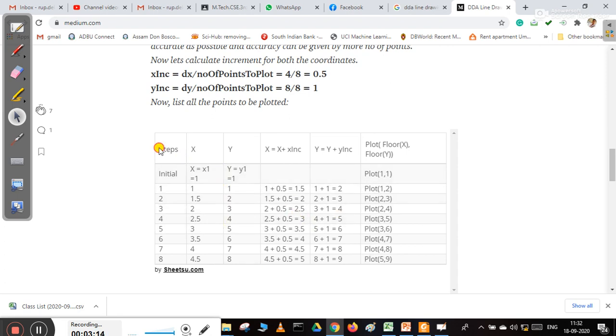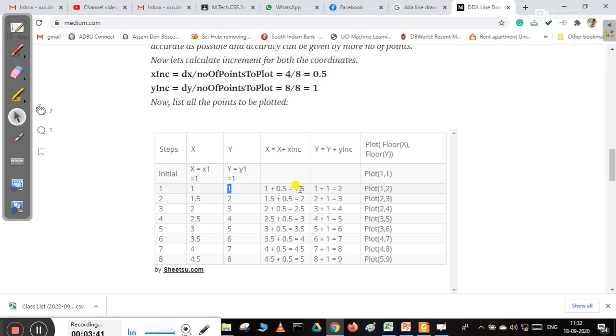Now here you can see the steps for x and y, how x and y will vary if we go through the 8 steps or 8 points. The initial point of x and y was 1 and 1, and it will increment by the incrementation values, 0.5 and 1.